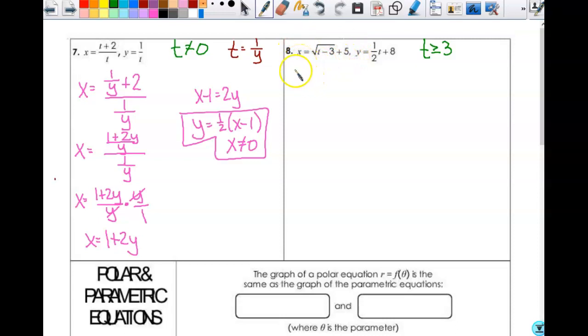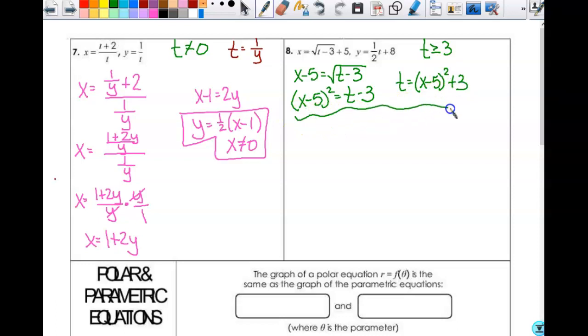So that means I'm going to get x minus 5 equals the square root of t minus 3. So then I'm going to square both sides to get rid of the square root, and I will get (x minus 5) squared equals t minus 3. So t will equal (x minus 5) squared plus 3. There's my t.